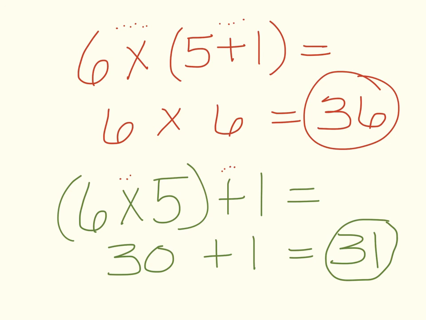Make sure you know if it's all addition or all multiplication, we have the associative property. You can group them any way you want. But as soon as you start mixing up your operations, like adding and multiplying, subtracting, dividing, multiplying and dividing, anytime you mix them up, you have to just do them in the order that the parentheses tell you first.